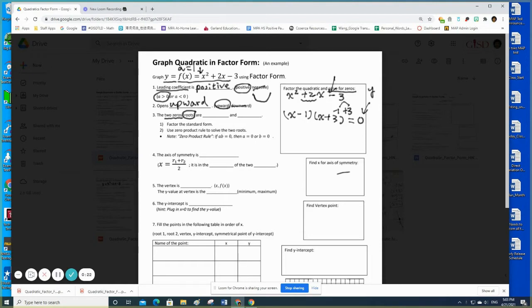Now we have to use the zero product rule. What does the zero product rule mean? It says if AB is 0, then A is 0 or B is 0.